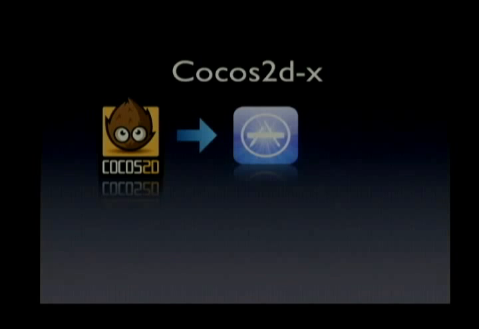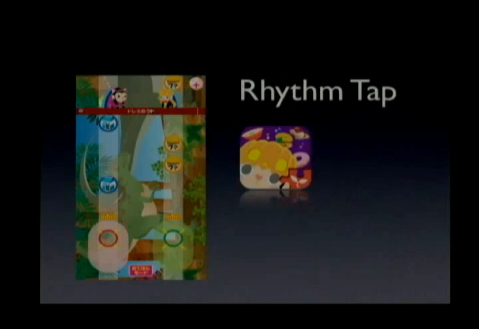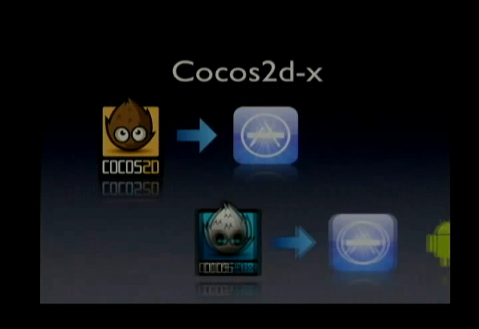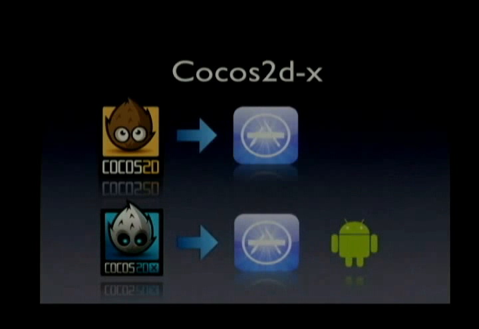We'd like to launch iOS and Android apps. Cocos 2DX is a game engine branched from Cocos 2D iPhone. You can use it to develop iOS and Android apps. Using a single C++ code base, you can deploy your apps to multi-platforms. That's right, a single C++ code base. It's really awesome.